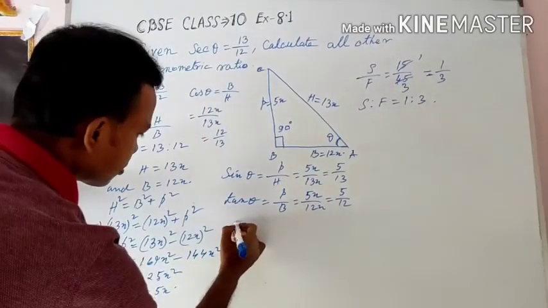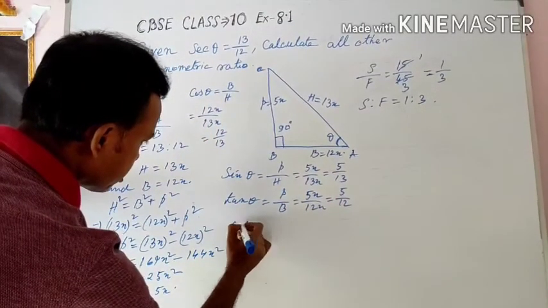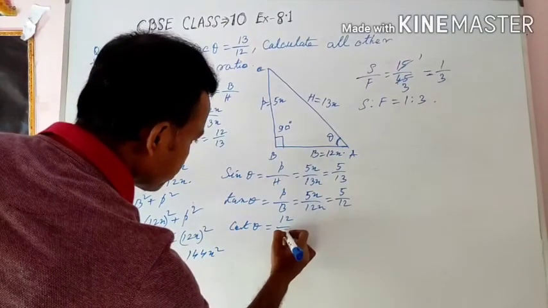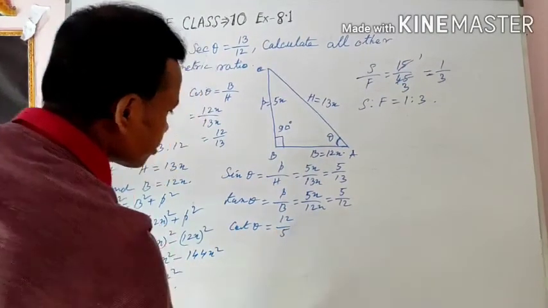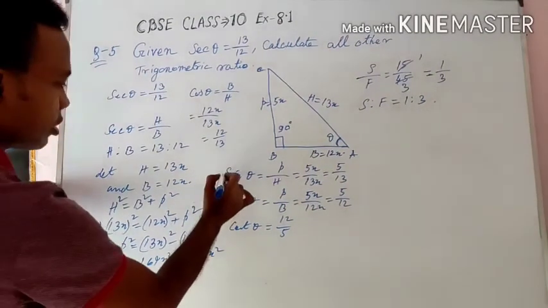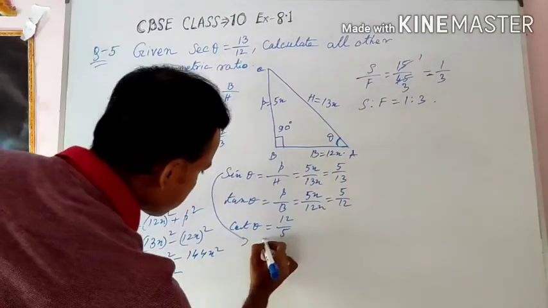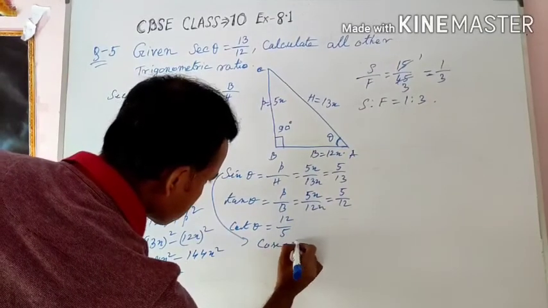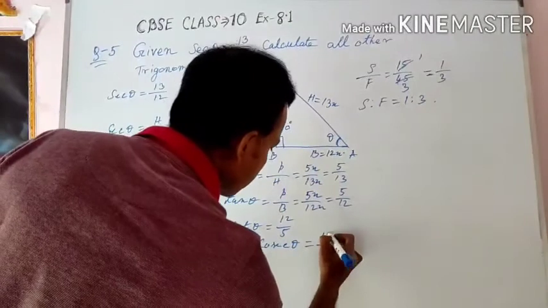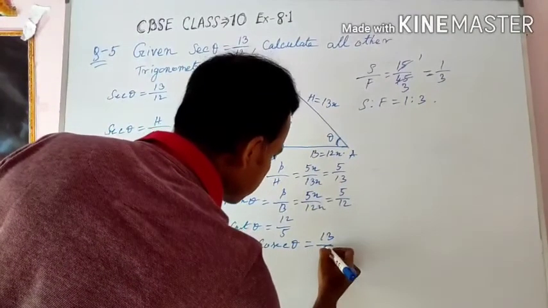So cot theta is equal to what? Just the reciprocal of tan theta, that is 12 by 5, and cosec theta is equal to what? Just the reciprocal of sin theta, that is 13 by 5.